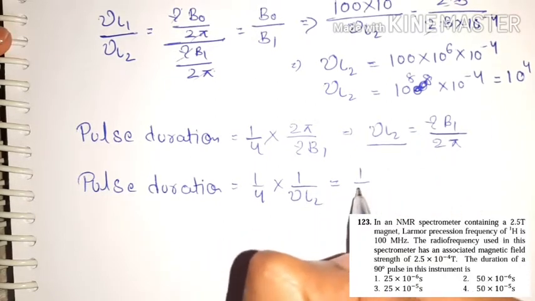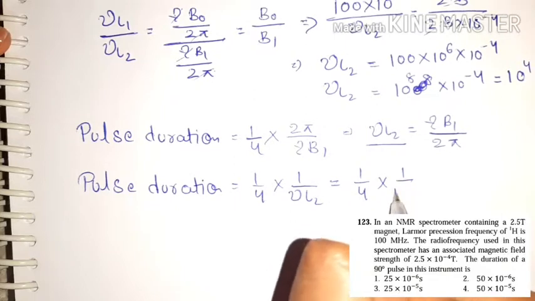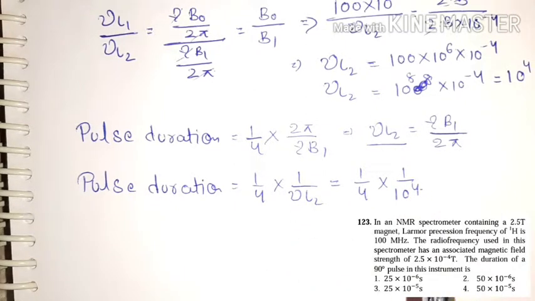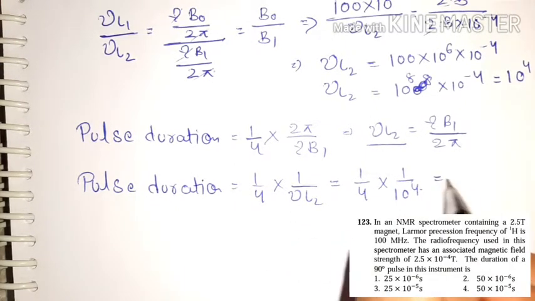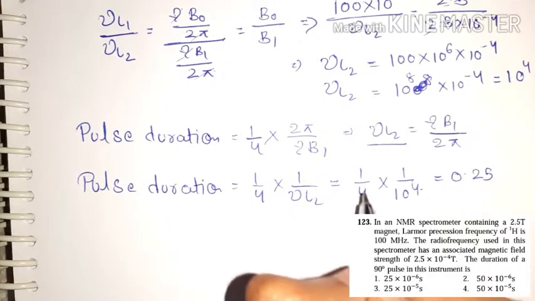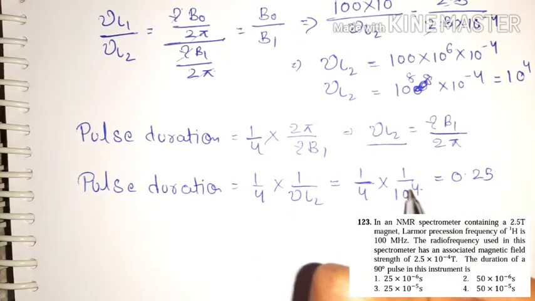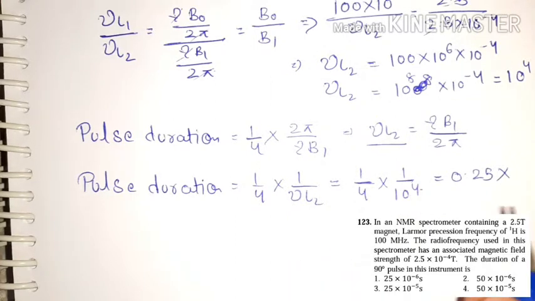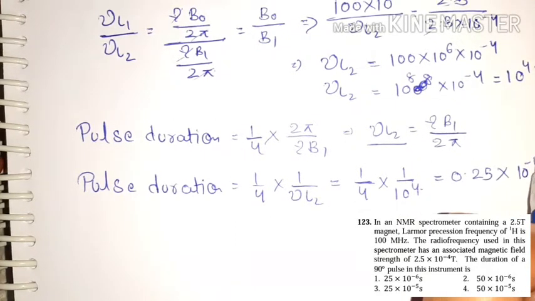So this will be 1 by 4 into 1 upon 10 to the power 4 hertz. When you solve this, 1 by 4 is 0.25, and 10 to the power 4 goes to the numerator and becomes 10 to the power minus 4.